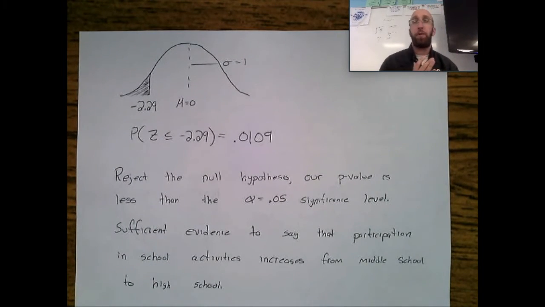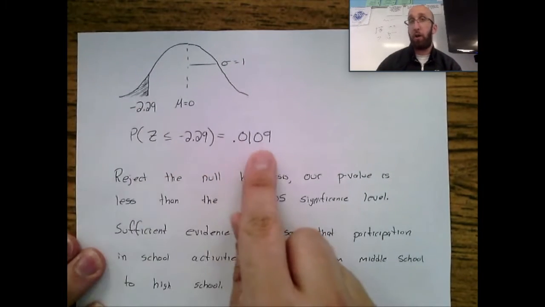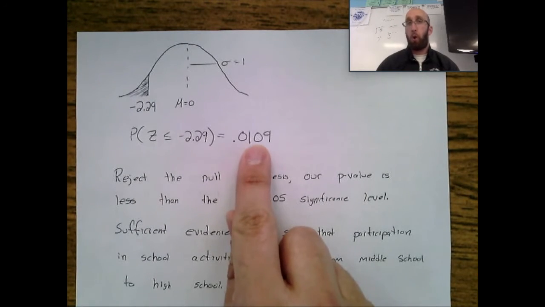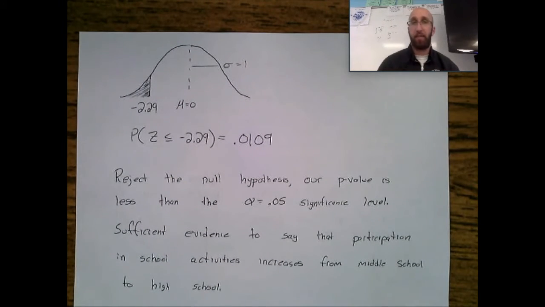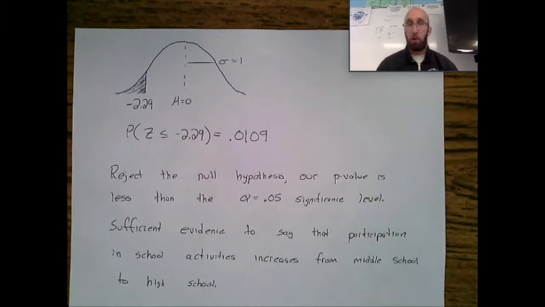Assuming the null hypothesis is true, the probability that I could obtain the difference in samples that I got, or smaller, should happen 1.09% of the time. If the null hypothesis was true, I would observe what we just saw in our sample proportions 1.09% of the time.